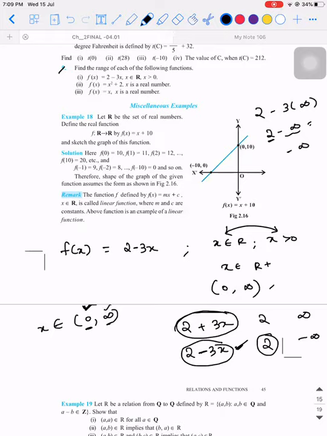And the maximum value of x will generate the least value of y. So what is the range? Minus infinity, 2. That's it. Since I substituted 0, 0 is not included. When I substitute 0, I get 2. So 2 is also not included. That's why I used an open bracket.